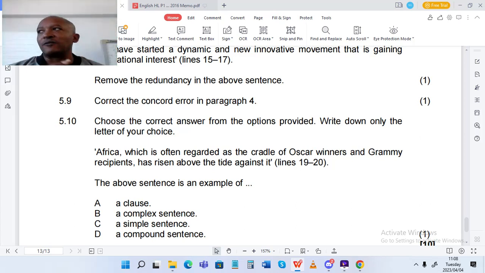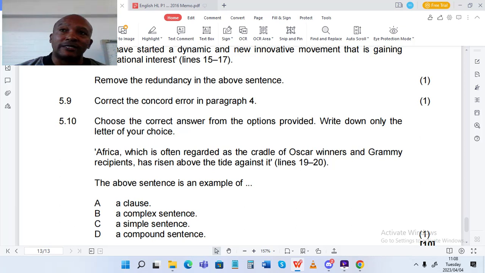Clause: group of words with a verb. So when you say the boy who loves apples, who eats apples every day, kicks the ball. Who eats, you hear that verb? Group of words with a verb. Got it? You understand that?